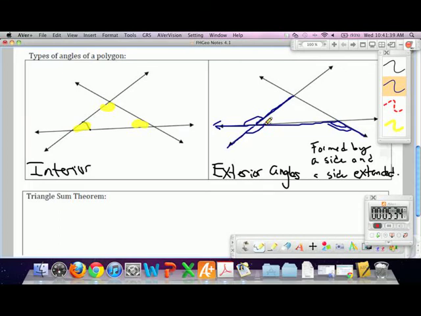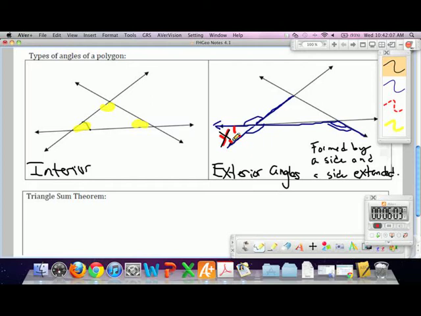This angle, this thing, is not an exterior angle. This angle in here is formed by a side extended and a side extended. That does not count by our definition of an exterior angle. It's an angle on the outside, but it's not an exterior angle.